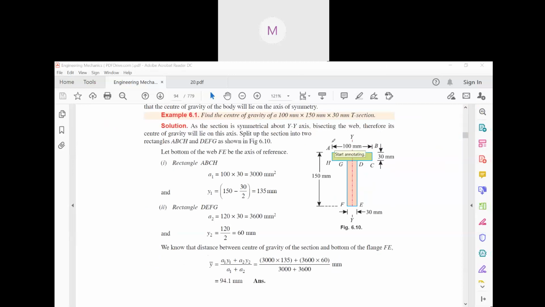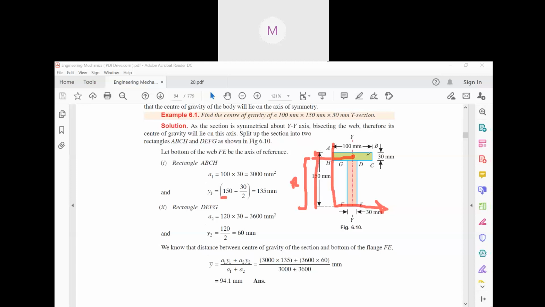So you will have to find out this distance, right? That means from here, this is the center, and from this distance, so that you can locate the point here. So you have to find out this distance. Now this distance is how much? Look, the total distance is what? 150. Yes or no? The total distance is 150.